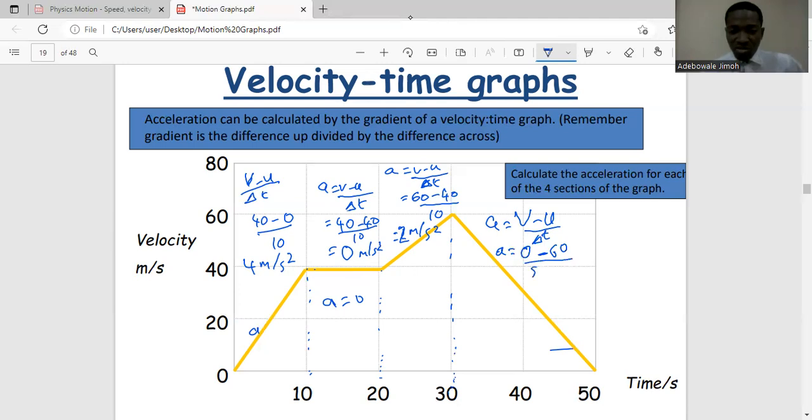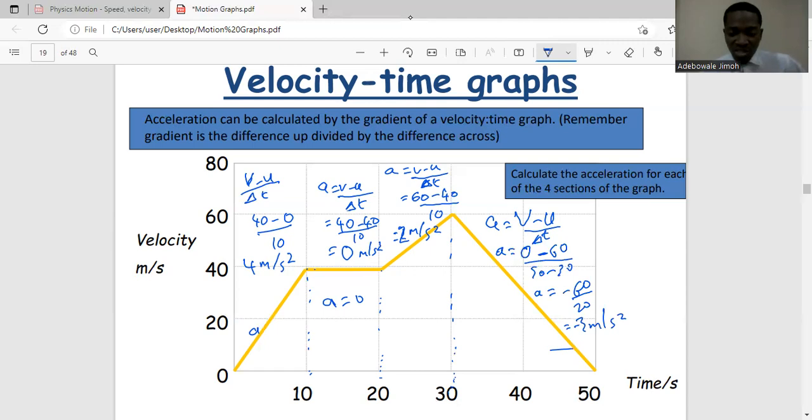So our change in time will be 50 minus 30. So our acceleration is 0 minus 60, we have minus 60. 50 minus 30, we have 20. Minus 60 divided by 20, our acceleration is minus 3 meters per second square.